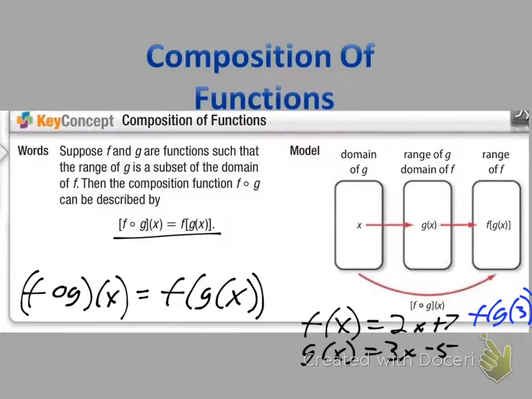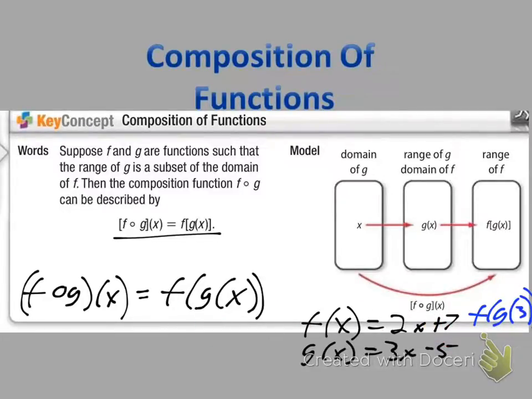Because what did we do first? I told you guys to do g of 3. So that's how it'll be given to you. G inside first. And then you did f of 4. You did these inside out.